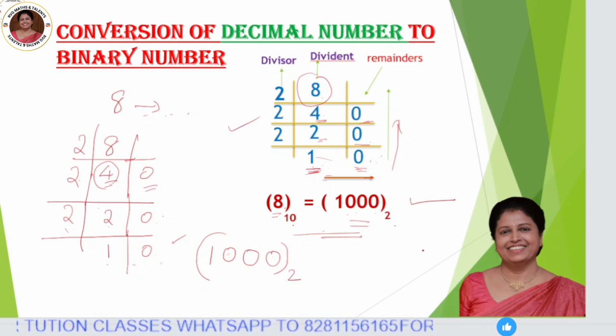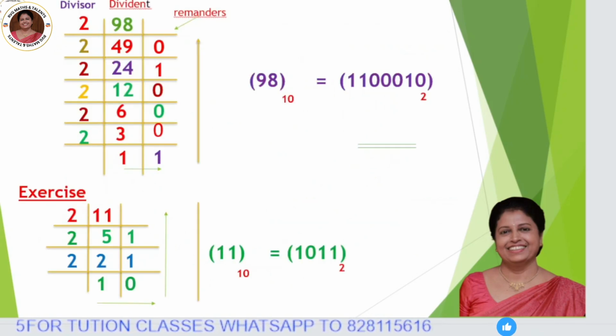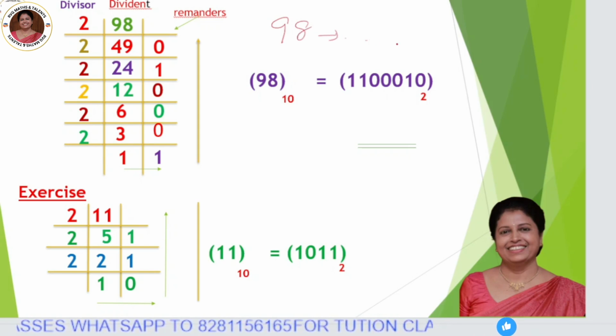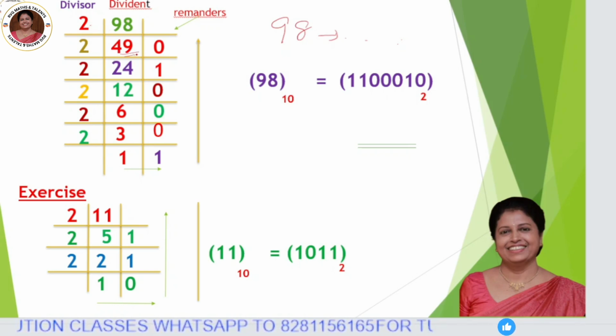Let us see another example. Here we have to convert 98 to a binary number. So we start with 98. 98 is divided by 2. Then we get 49 as the quotient and 0 as the remainder.